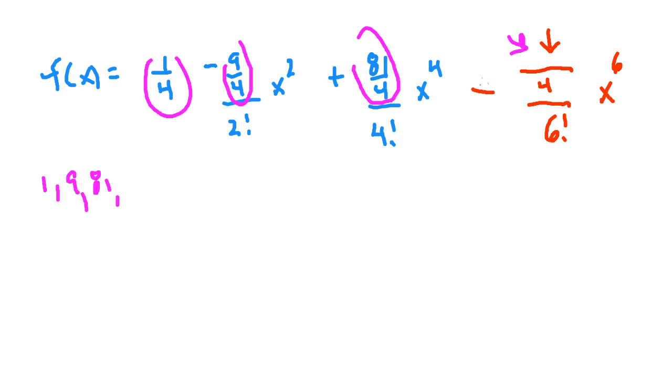What do you think is going to go next? That's right, 729. Okay, so I'm just trying to help you get a feel for this. We need to get the pattern.